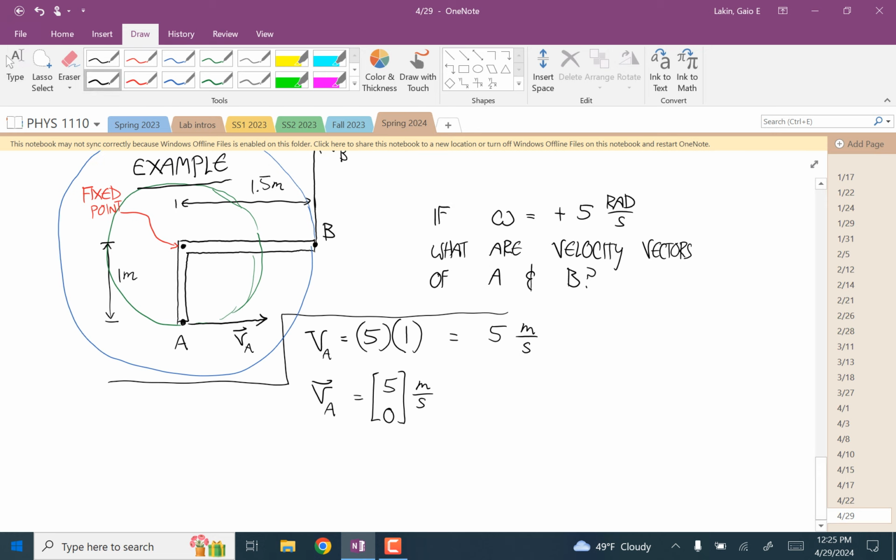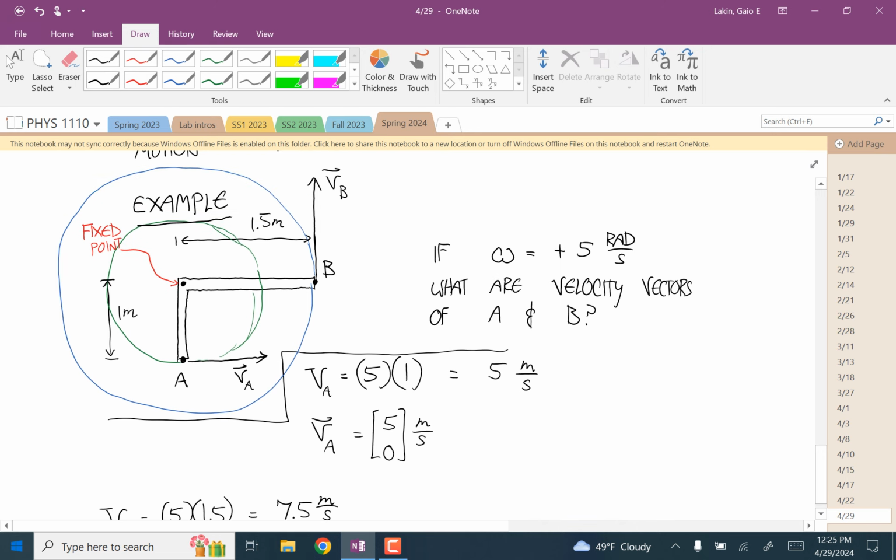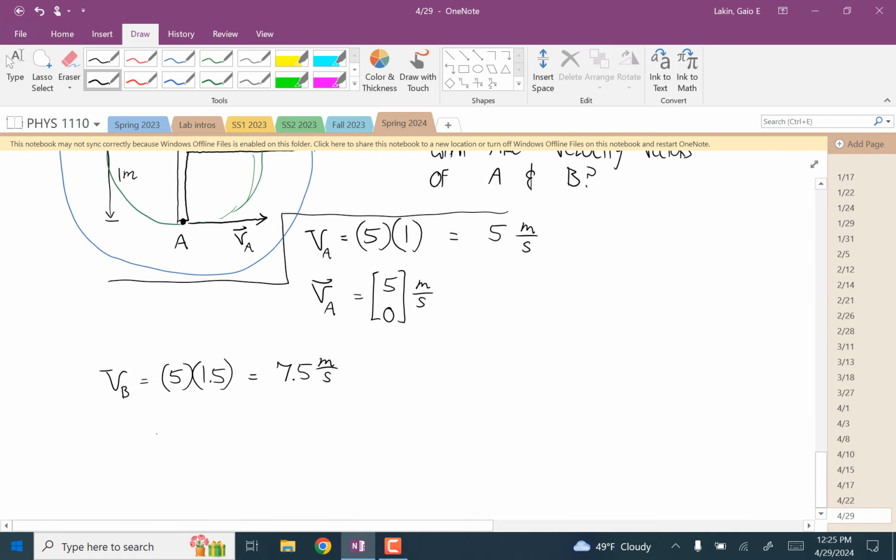The speed of the point B is 5 times 1.5, so 7.5 meters per second. And now that we've already figured out it's in the positive y direction, the velocity vector of that point B is 0, 7.5. Anybody have any questions about that?